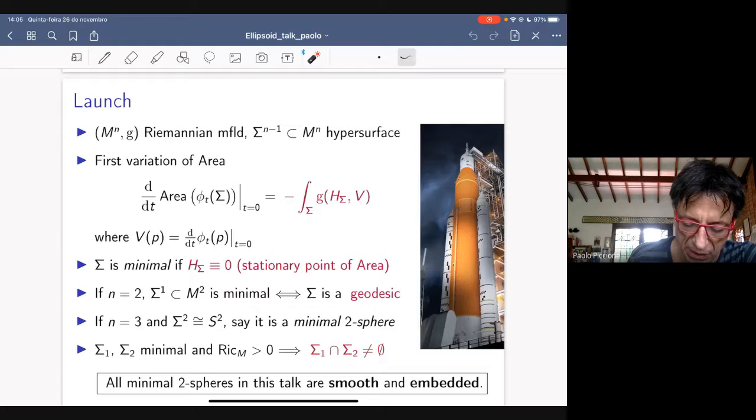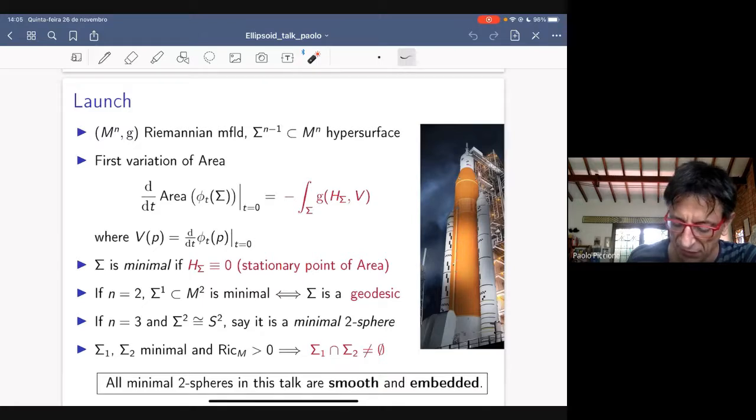Suppose you have an n-dimensional Riemannian manifold and you take a hypersurface sigma, then you take a one-parameter family of diffeomorphisms of your manifold, phi depending on t, and you consider the following variation of sigma. You take phi t applied to sigma. This is another hypersurface. You compute the area of this and take the derivative at t equals 0.